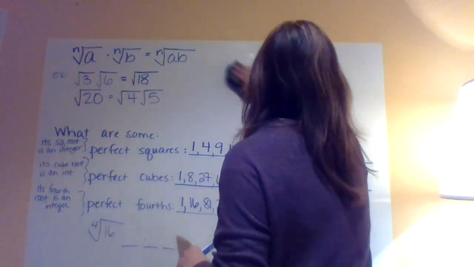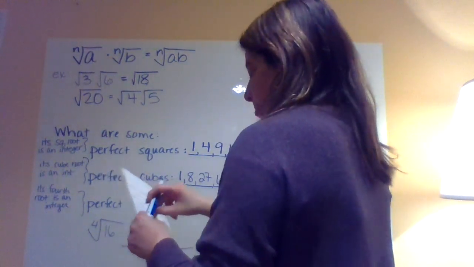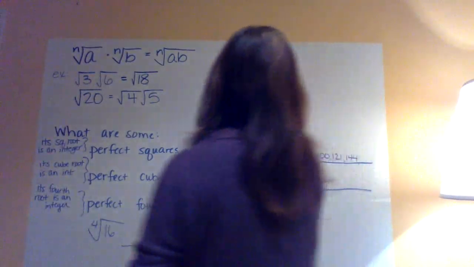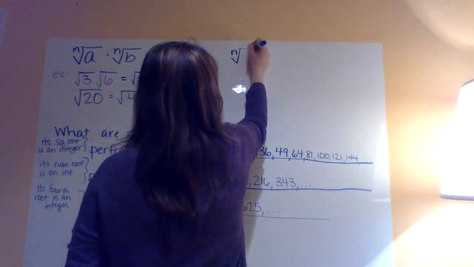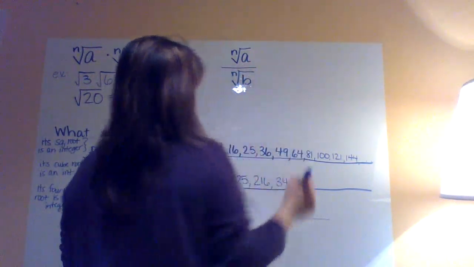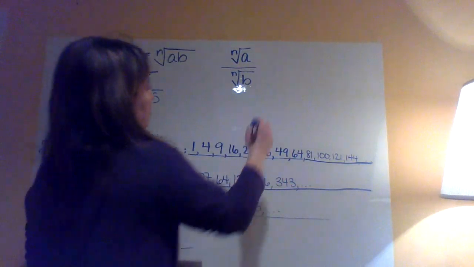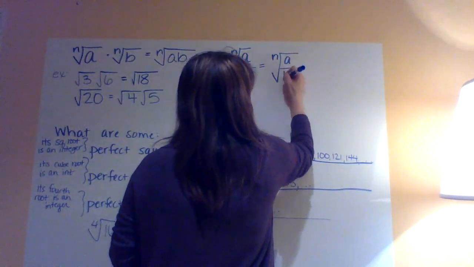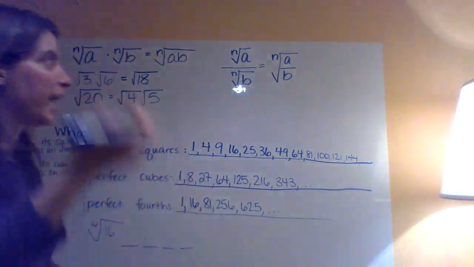The other property is the quotient property. Quotient means divide, fraction. So same idea here. If I have the same root and it's a fraction, I can put them together, and vice versa.